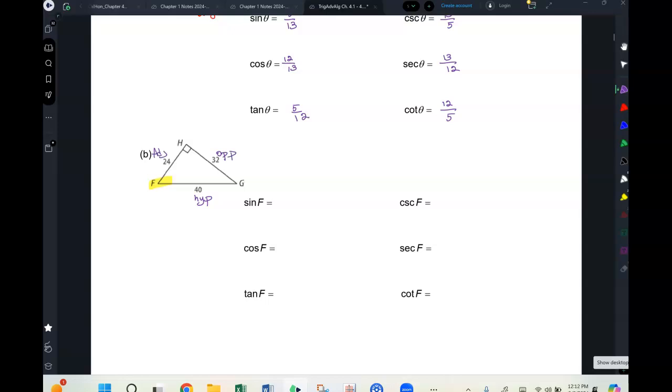So sine is 32 over 40, but simplified to 4/5. Cosine is 24 over 40. I can divide top and bottom by 8. 3 over 5. And then tangent is 32 over 24.